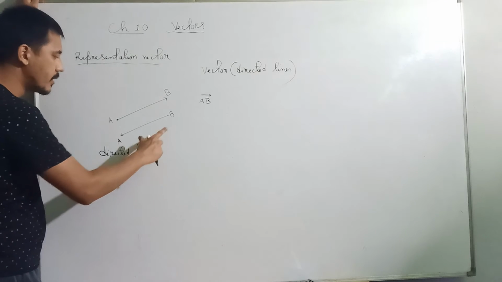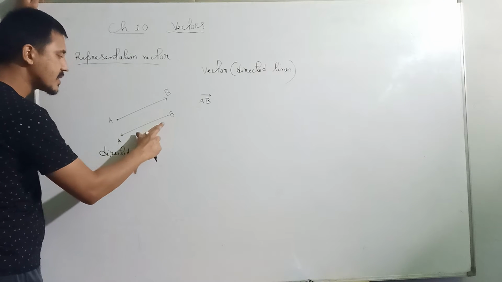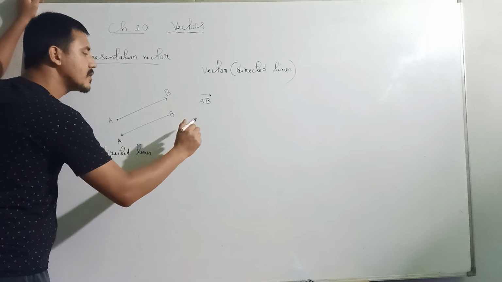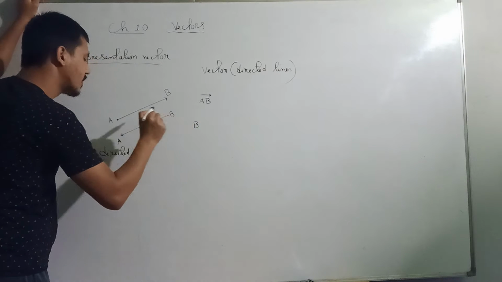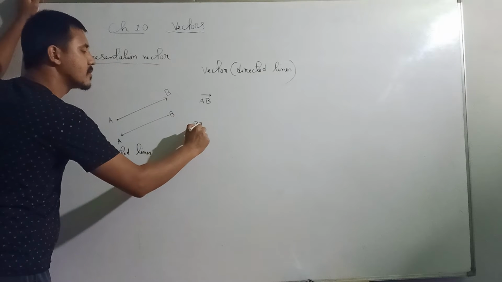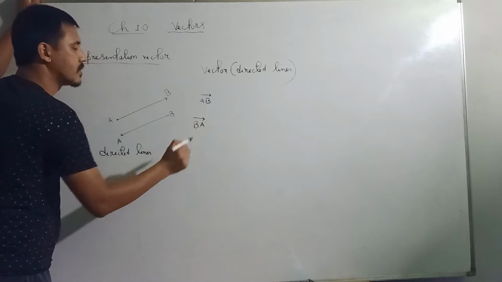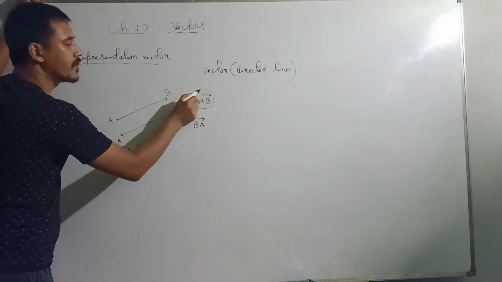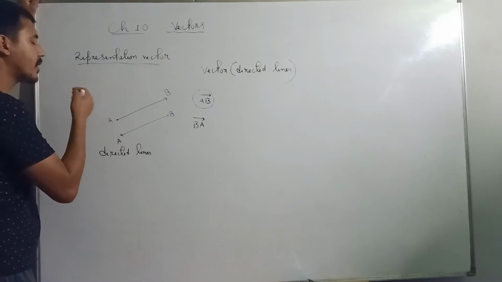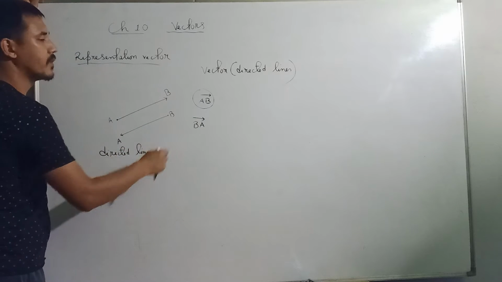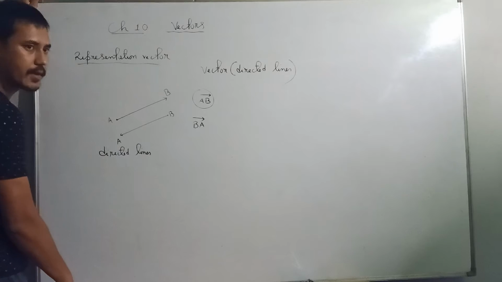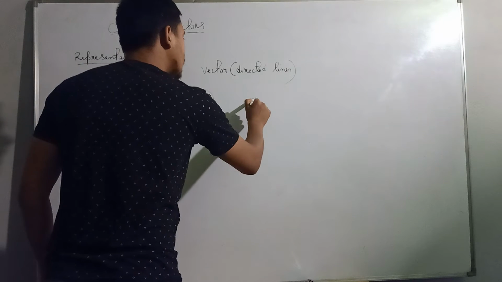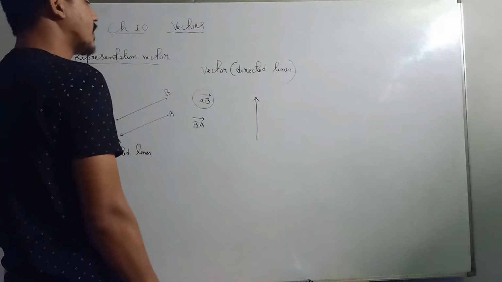That's all. So for this directed line, the vector representation will be: initial point is B, so you write B first, and terminal point is A, so you write A. So this directed line is represented by vector AB, and this directed line is represented by the vector BA. Are you getting me? Suppose for any directed lines, suppose this is your directed line.